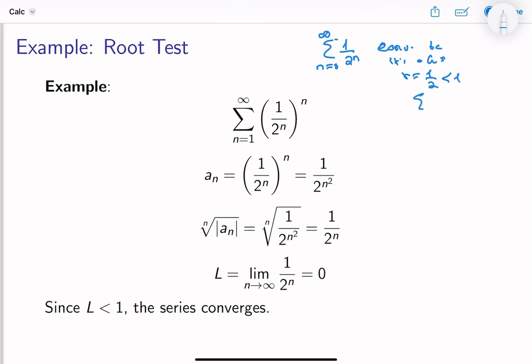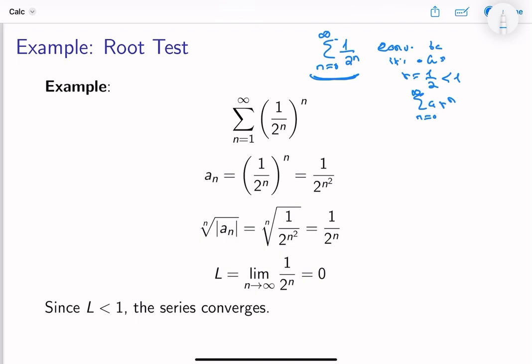I remind you, a geometric series takes the form a r to the n as n goes from 0 to infinity. So we do know that this is a convergent series.